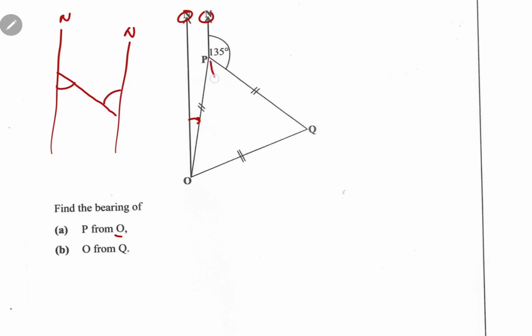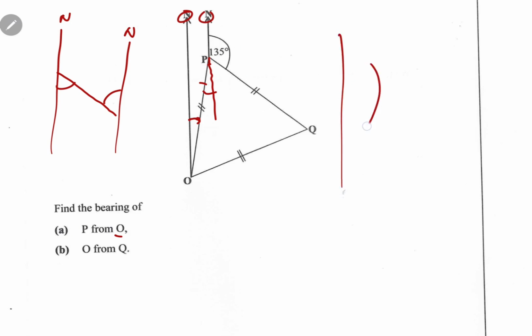So I can extend it down so that you can see it clearly like this. Which means this angle and this are equal. Now how do you find this? Because we need to find this so that we can even find the one that we are interested in.